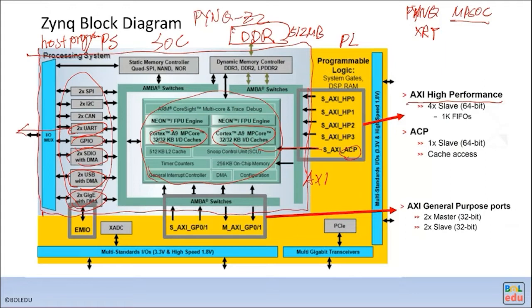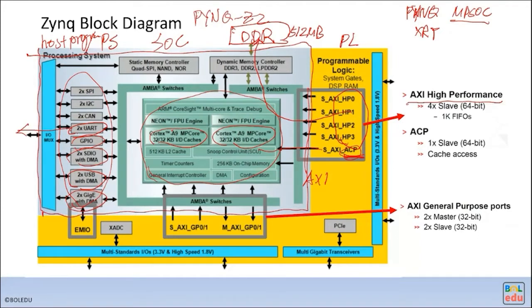So for whatever data is possibly in the cache and that you want to share with the FPGA part, you have to use the ACP port, because the other four high performance ports do not go through the snooping logic. They access the memory directly.